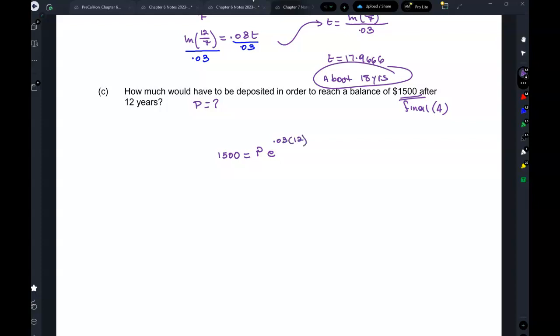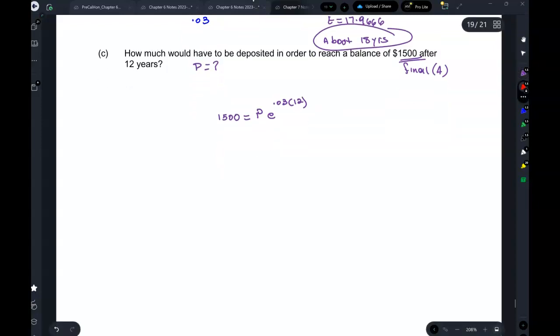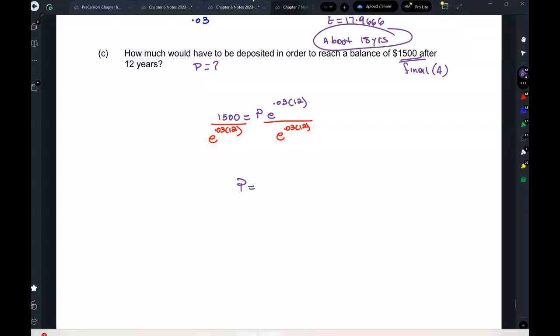Right, so how much should you start with so that 12 years later you get $1,500? So now I need to solve for P. So I need to divide both sides by this. Okay, so P is how much?